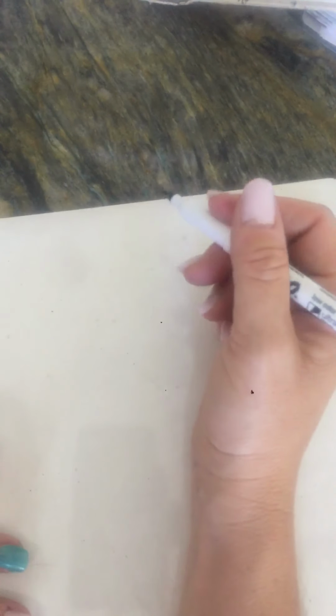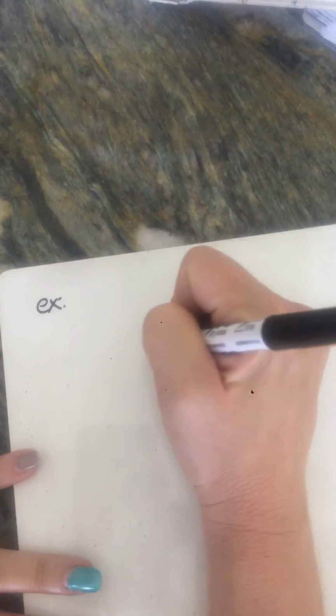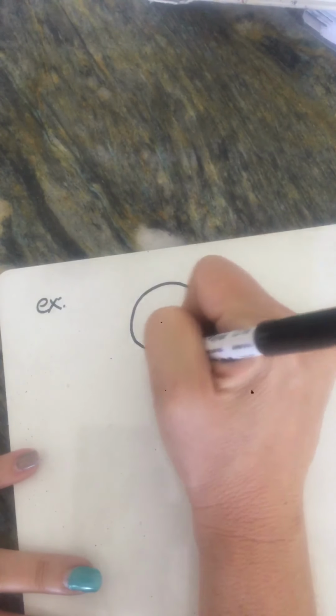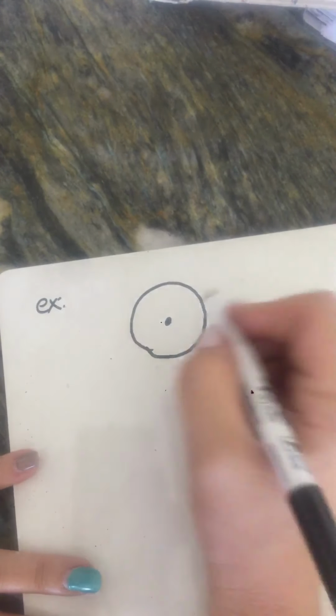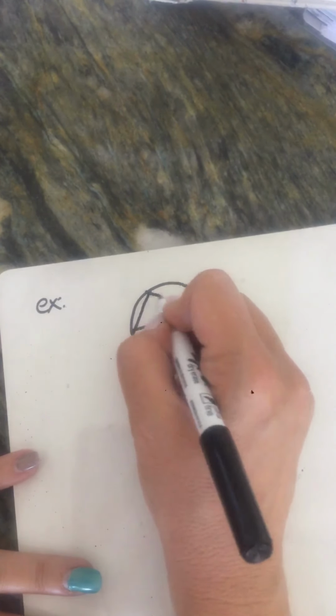All right, let's do another thing. Oh, this is gonna be easy. This will make you feel really confident. Ready? Here's our circle. There's the center at O. And we're gonna draw in this picture.